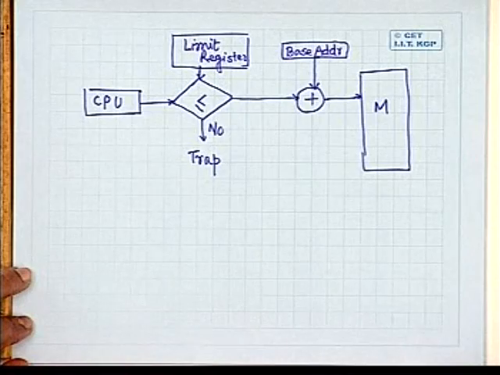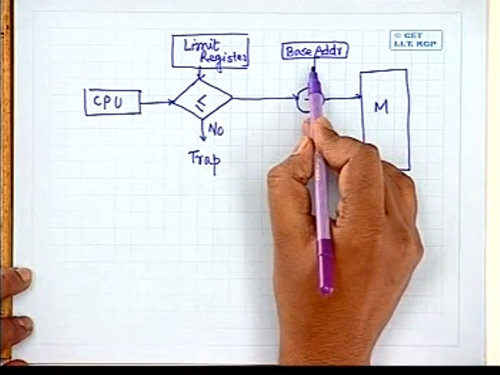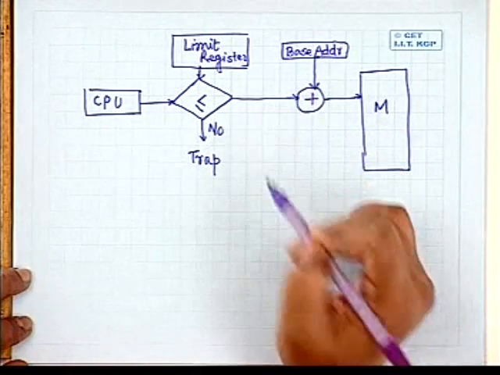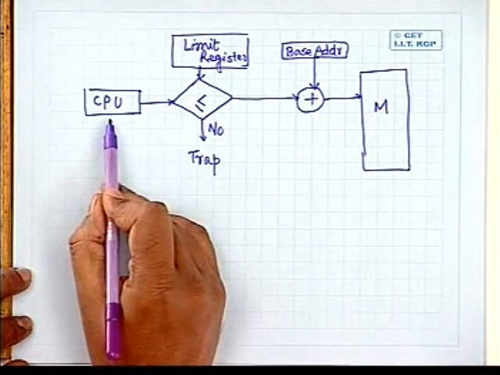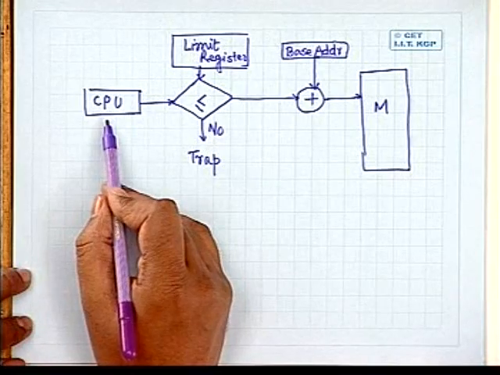Right? So in this case, obviously the base address is the same as the lower bound register, because that is the minimum address that can be generated, assuming that the CPU does not generate any negative address. The address generated by the CPU is always 0 or more.